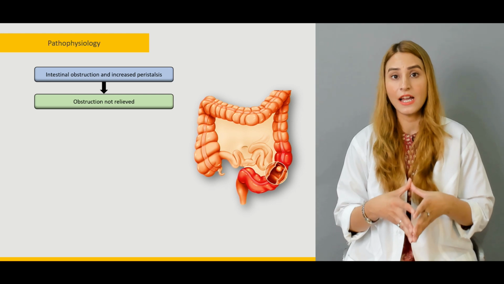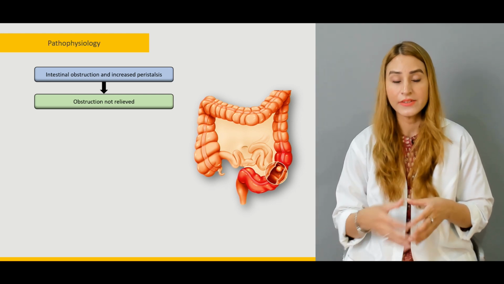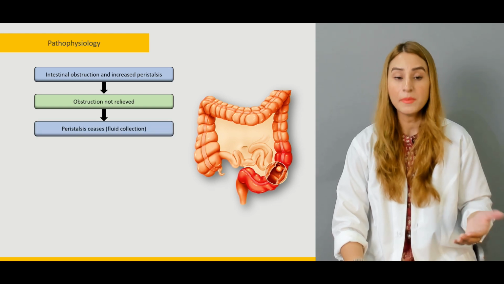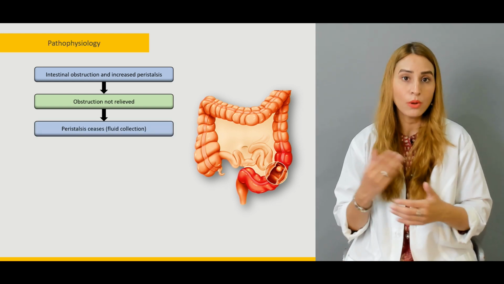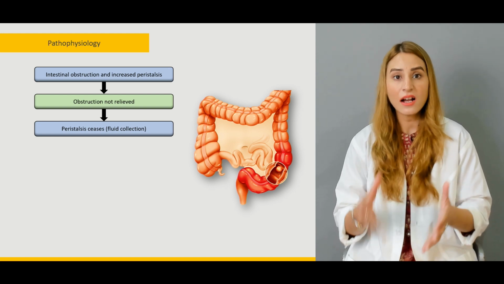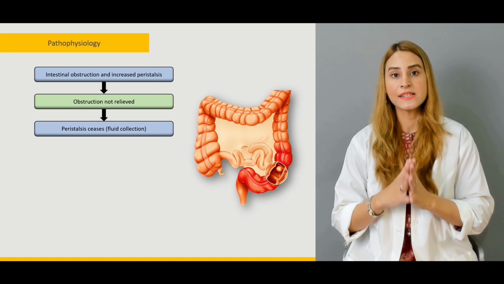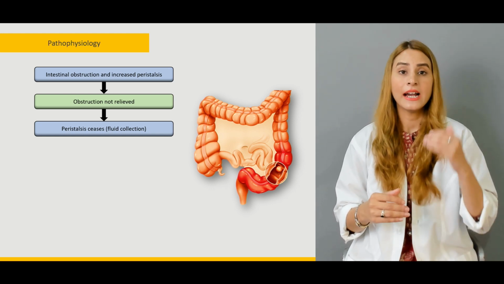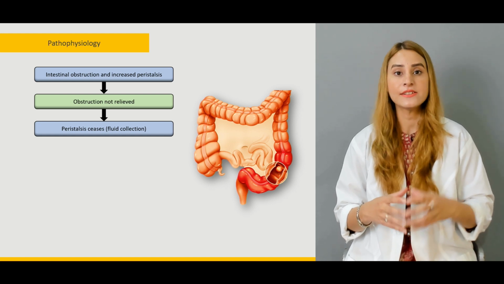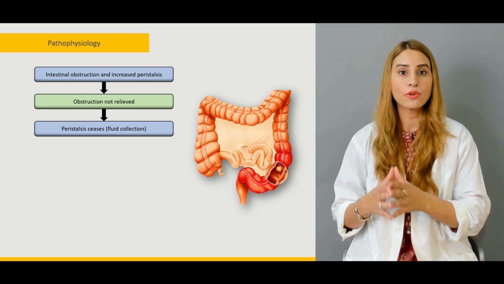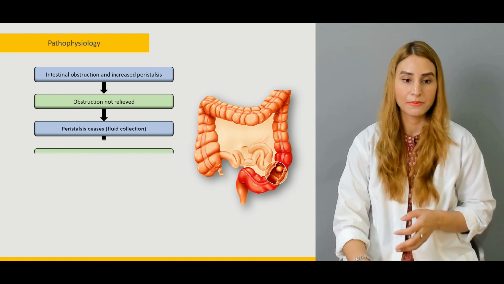If the obstruction is not relieved, and more peristalsis is coming up, then slowly and progressively the peristalsis ceases, and because of that, there is venous impingement. First of all, the veins are affected, so that will lead to an increase in capillary permeability, and after all, the arterial supply is also compromised.